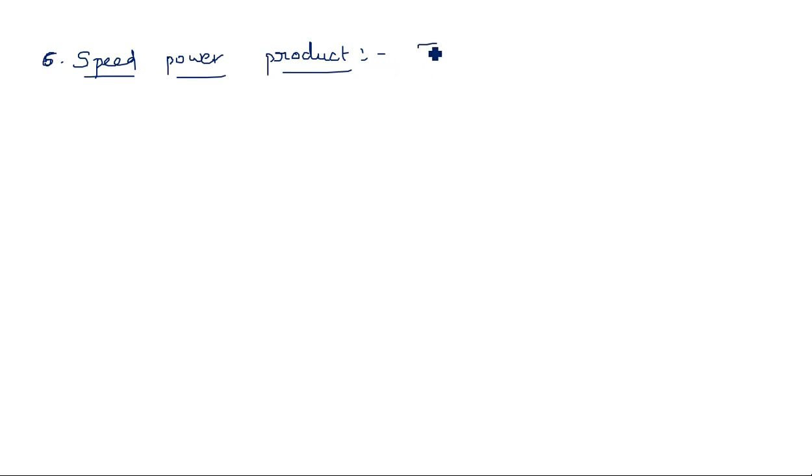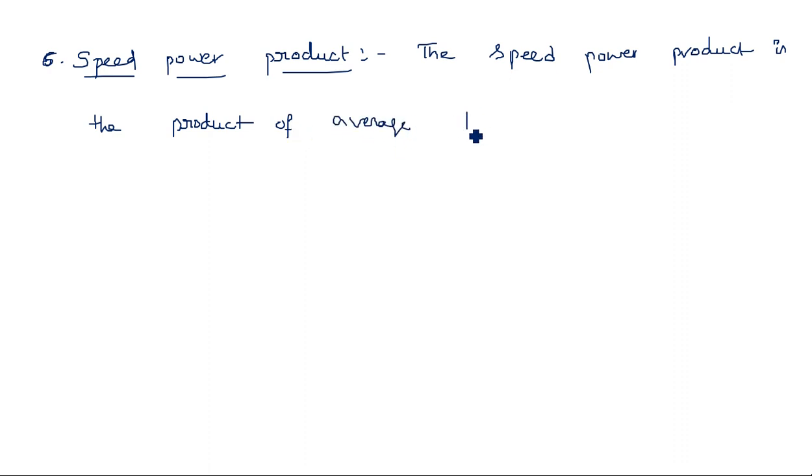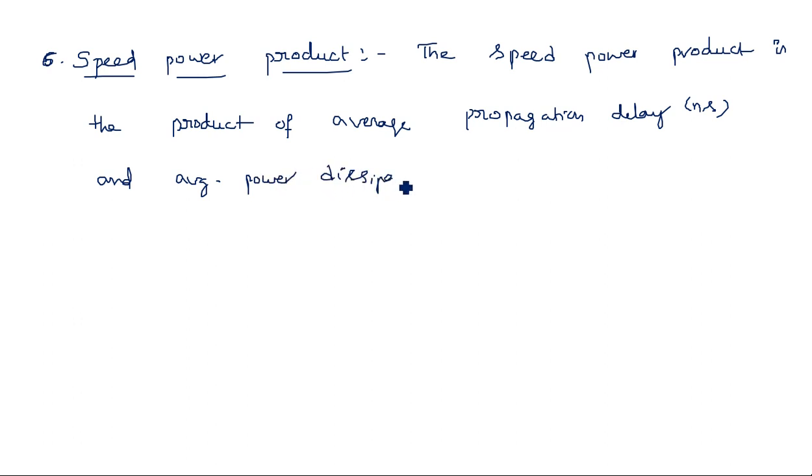The speed power product is the product of the average propagation delay in terms of nanoseconds, since propagation delay is always measured in nanoseconds, and the average power dissipation measured in milliwatts of a logic gate.